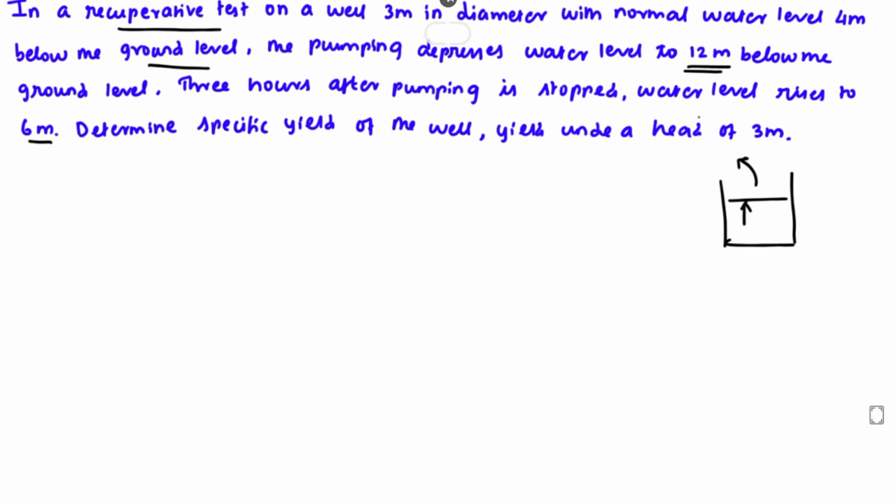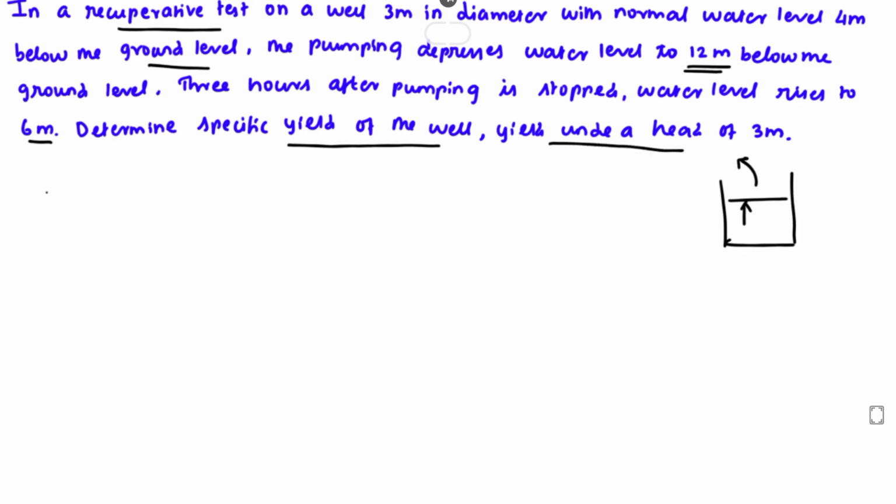So normally the water level is 4 meter, we are pumping for 3 hours to 12 meter below the ground surface, and after stopping the pumping, the water level rises up to 6 meter. Determine the specific yield of the well and the yield under the head of 3 meter. Okay, so this is the question.